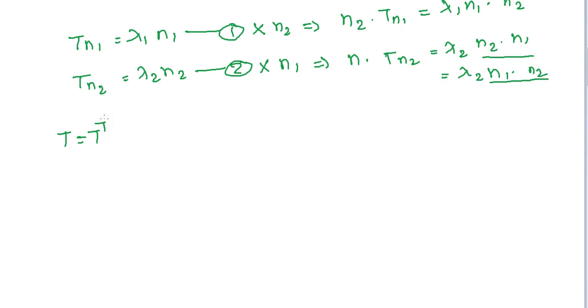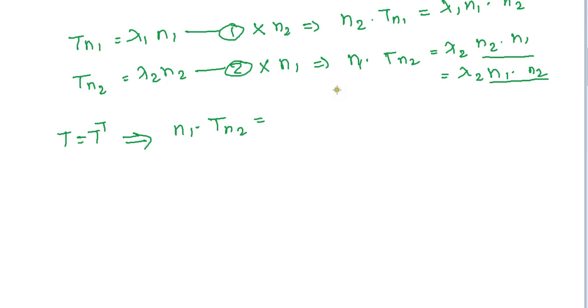Transpose, right? That means you can write down here n1 dot, sorry, this should be n1, right? Yeah, n1 dot n2 equal to, so we can write down this n1 dot n2.